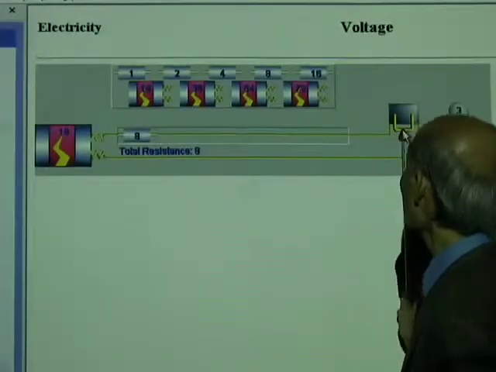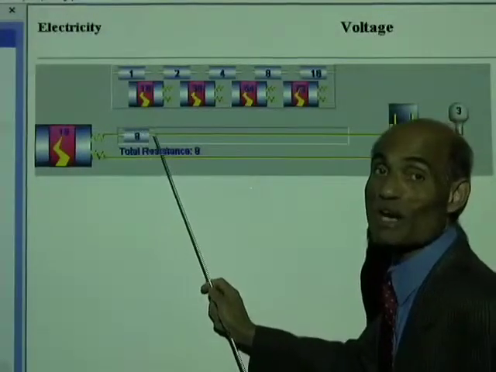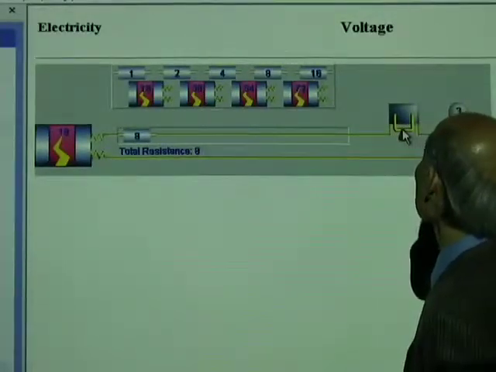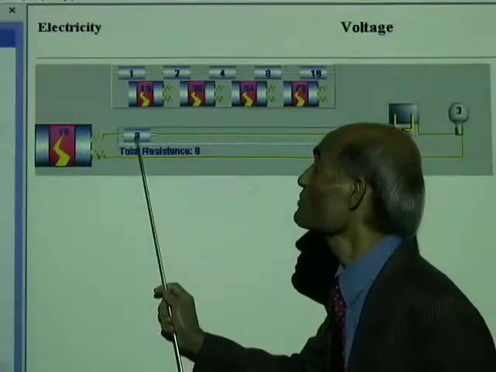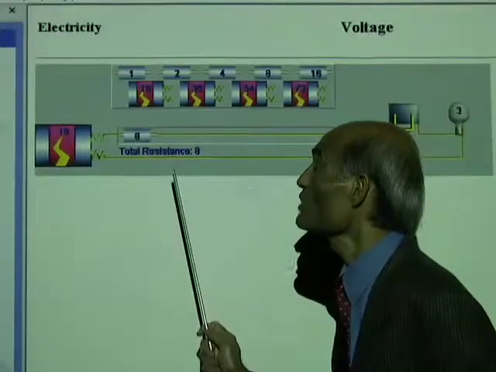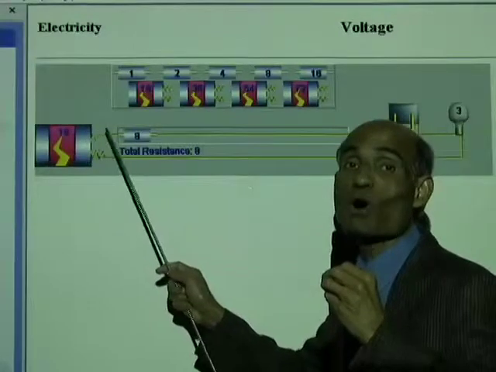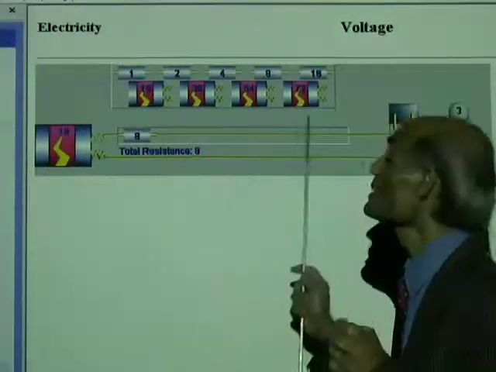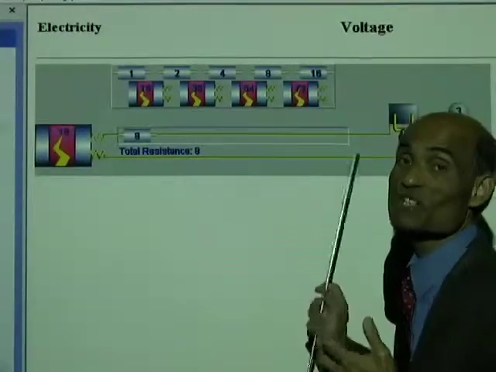The bulb is connected in series with the resistor. That means whatever current flows in this resistor will flow in the bulb as well. The potential difference is 18 volts, resistance is 8 ohm. So the current will be V over R, which is 18 divided by 8, which is less than 3 ampere. So this is a safe current.